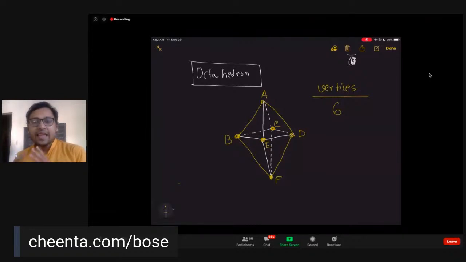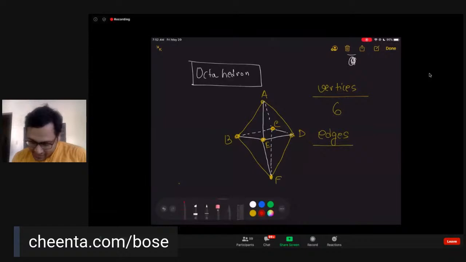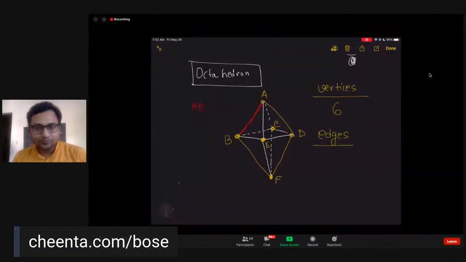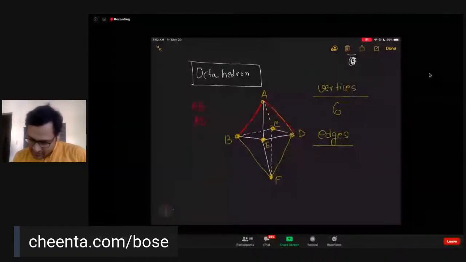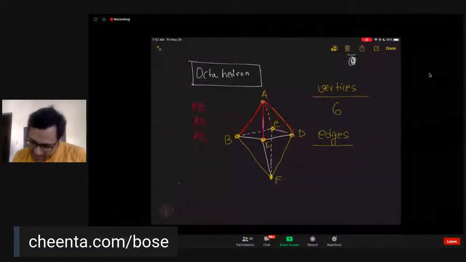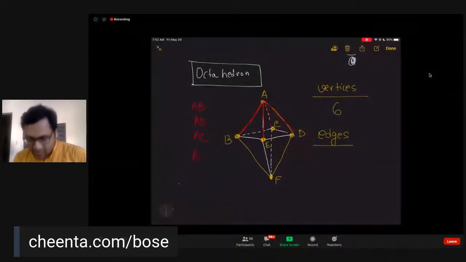How many edges are there? So edges, let me mark them in red. So AB is one edge. AD is one edge. AC is one edge. AE is another edge.